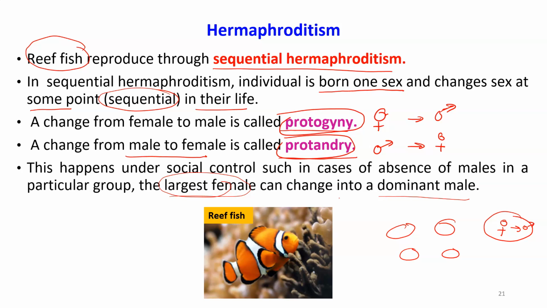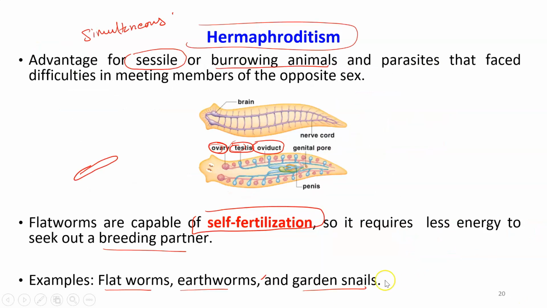That is sequential hermaphroditism. Okay, simultaneous organism tu ada both testis and also ovary. It can undergo self-fertilization and it also can undergo the normal mating to produce eggs.